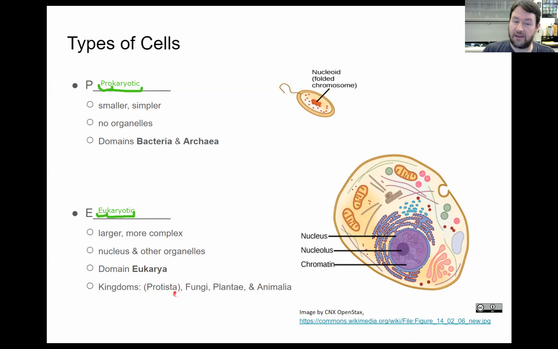And then those are unicellular eukaryotes, so just single-celled eukaryotic cells. That used to be enough to call them their own kingdom, but now we looked at their DNA and it's like, oh no, if we're calling fungi and plants and animals all different kingdoms, then we need to call Protista many more kingdoms. All right, so then fungi, plants, and animals are the multicellular kingdoms of eukaryotes. And these are organisms that hopefully you are more familiar with.